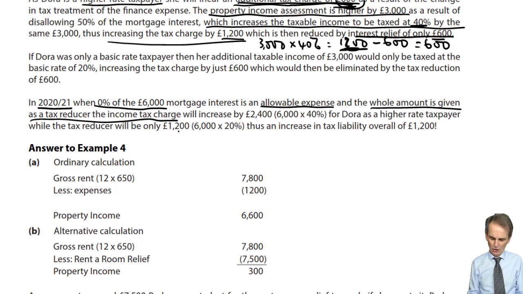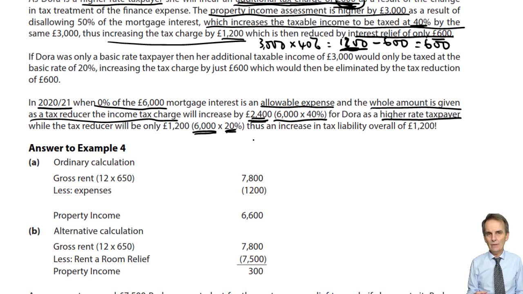So your income tax charge will increase by £6,000 extra assessment at 40% equals £2,400, because Dora, as we know, is a higher rate taxpayer. But that's the downside. The upside is we do get a tax reducer, but that same £6,000 is only given relief at 20%.